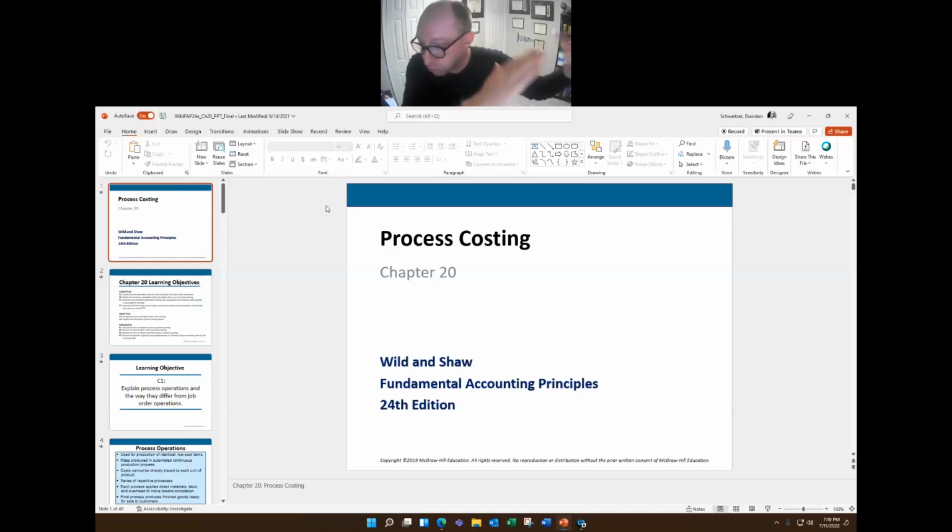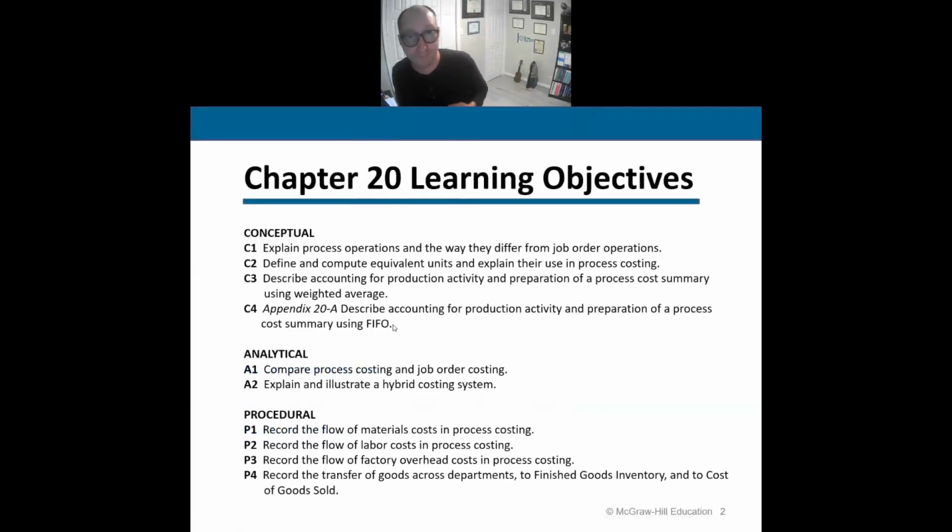And so that's the difference between process costing and job order costing, which we just talked about. So let's jump into this discussion on process costing. We talked about the differences.